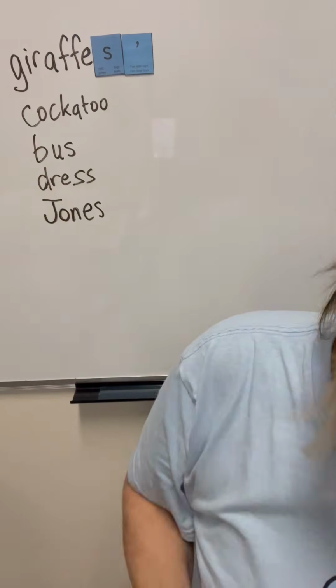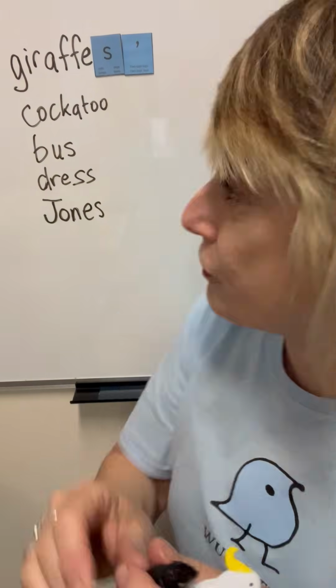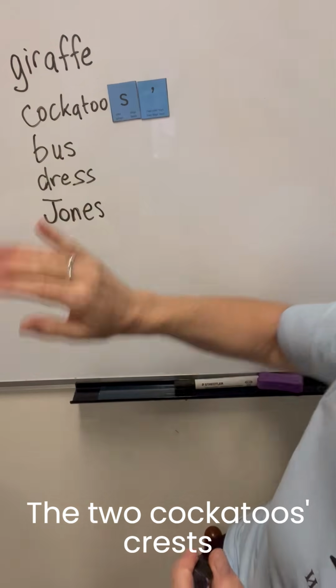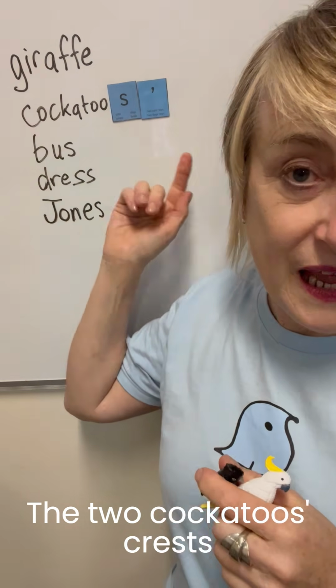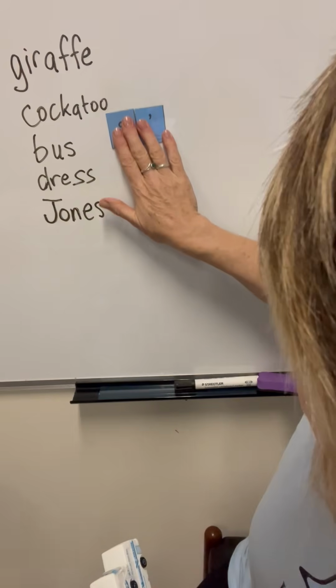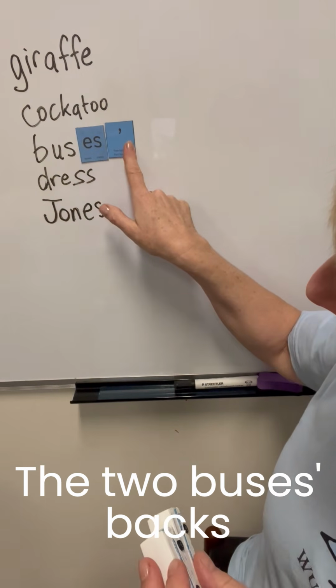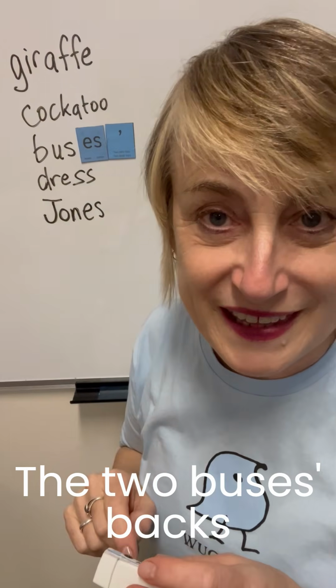So the same thing if we have the cockatoos' crests, we just say the cockatoos and put the possessive apostrophe. Or if we have the buses, and then we want to say the buses' backs, we'd have to use this allomorph for the plural, and we just put an apostrophe at the end.